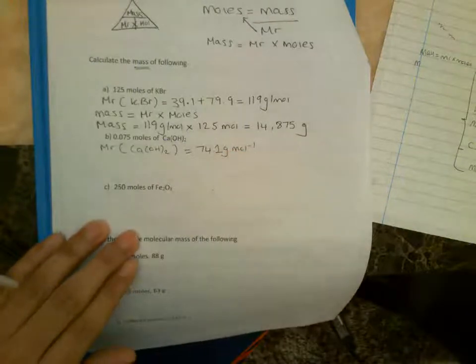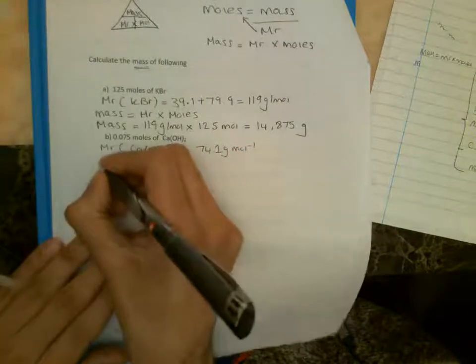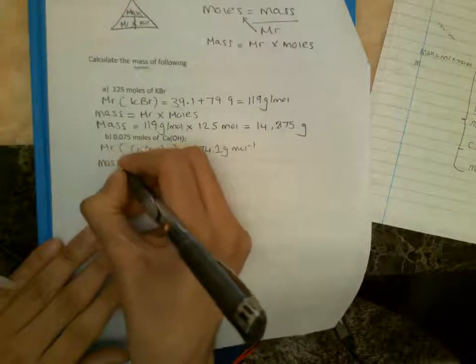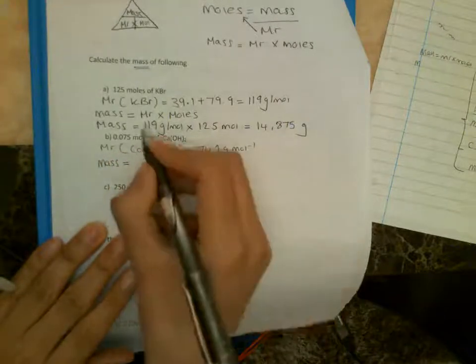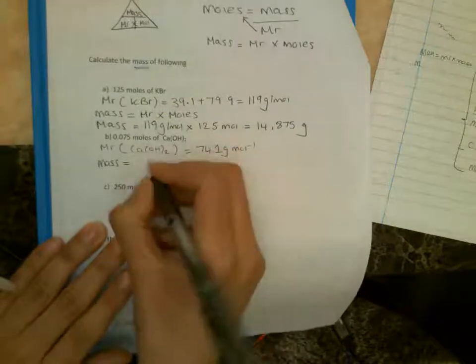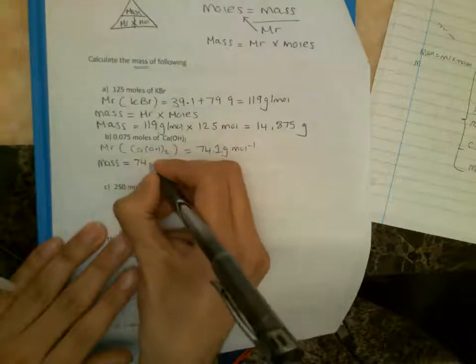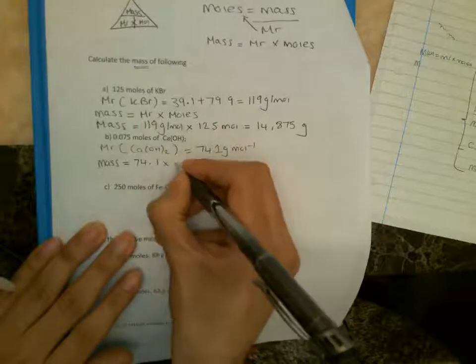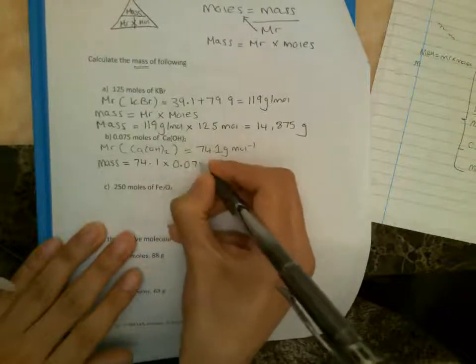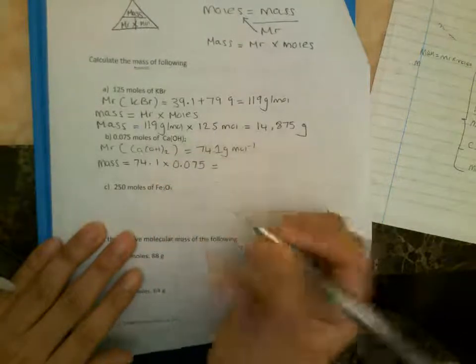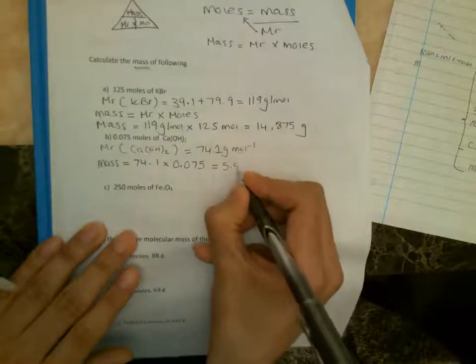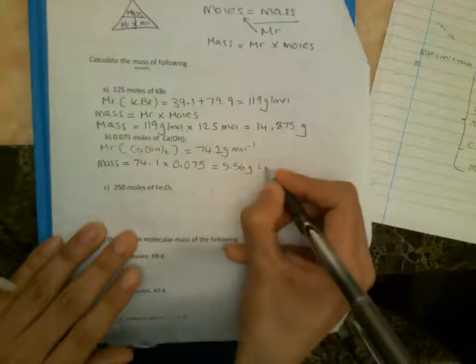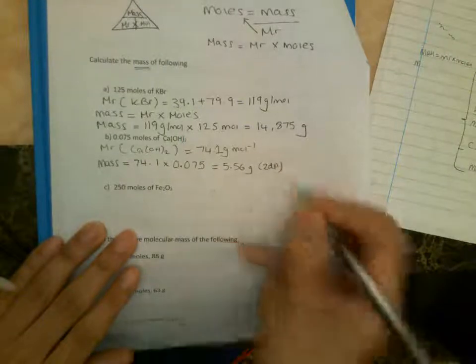Now we do the same thing as we did before for potassium bromide. We would times MR, which in this case is 74.1, by the number of moles, which is 0.075. And as a result, we would get 5.56 grams to 2 decimal places.